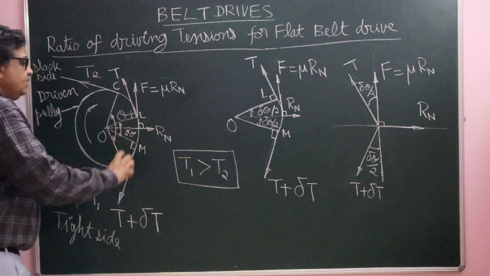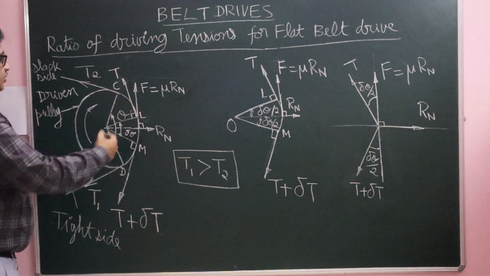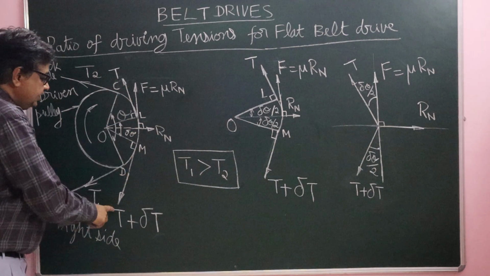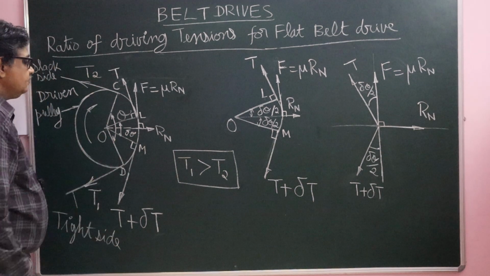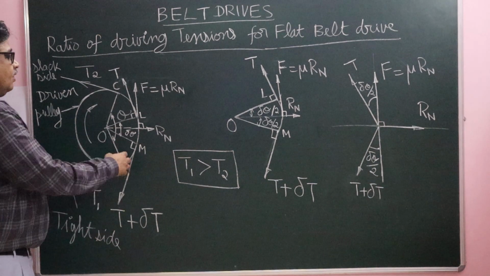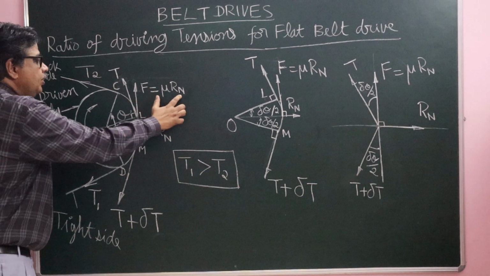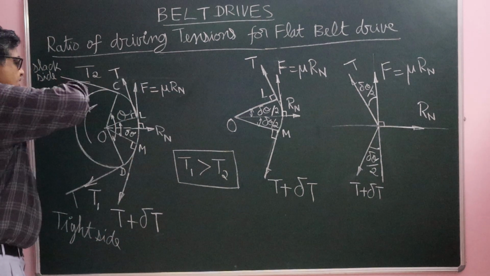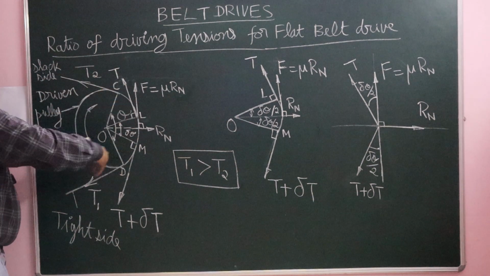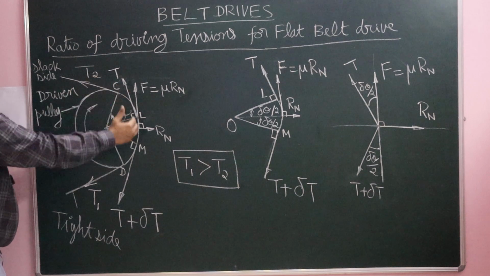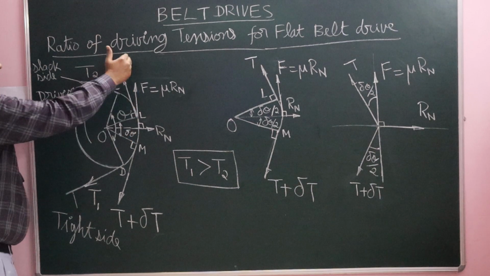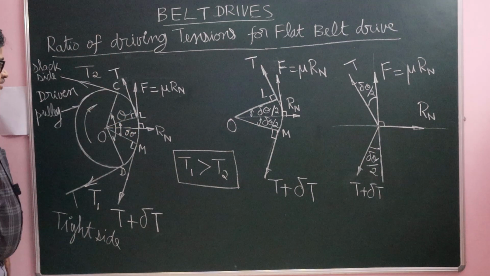This small portion is subjected to the following forces: tension T at point L, tension T plus del T at point M, the normal reaction Rn exerted by the pulley on the belt, and friction force F equal to mu into Rn. The pulley rotates like this and the belt goes in this direction. Therefore the frictional force is in the opposite direction. This is the force of friction, right?